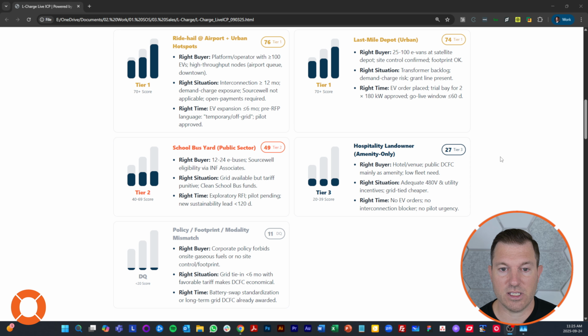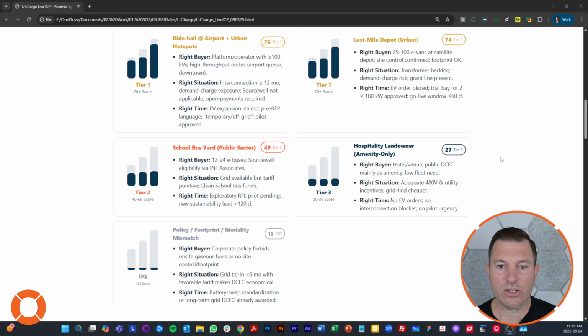As we referenced in the first video, this company actually had two distinct target markets. One was ride hail at airports. The other was a last mile depot. So in that way, we decided to do two tier 1 snapshots so that it could really accurately represent what those look like.